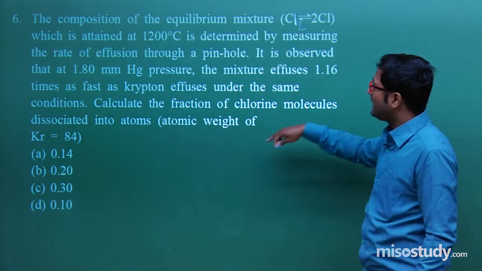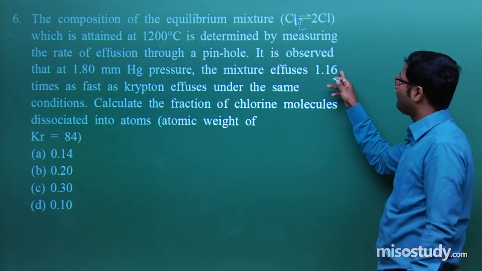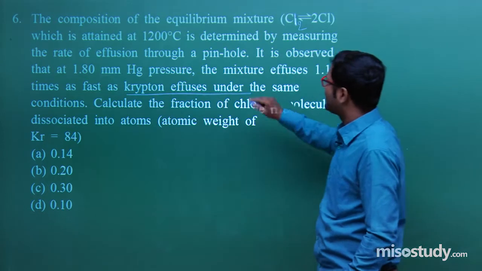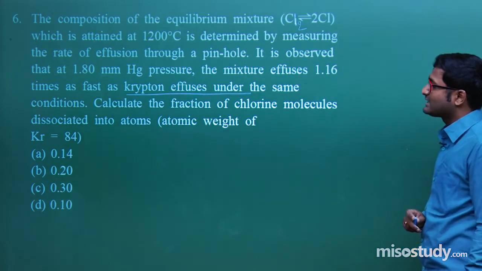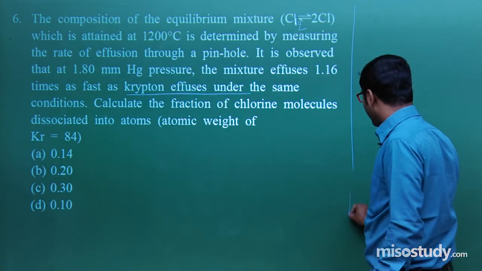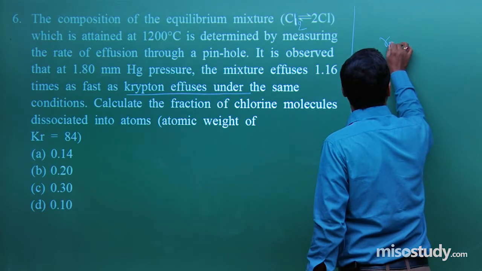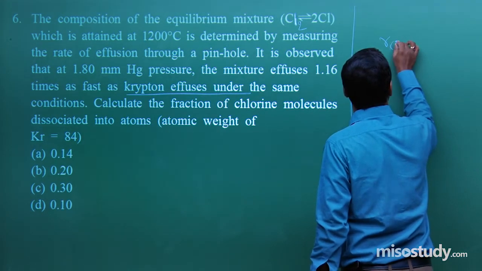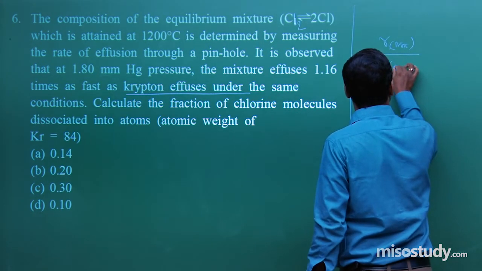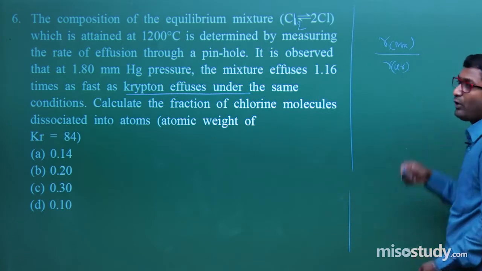It is observed that at 1.80 mm Hg pressure, the mixture effuses 1.16 times as fast as krypton effuses under the same condition. Clear? That is, if I talk about the rate of effusion, that is the rate of effusion of the mixture of the gas upon the rate of krypton. Clear to you? That is 1.16 times.